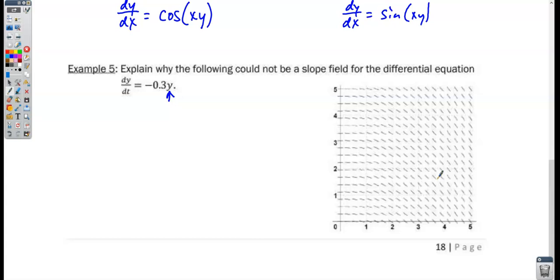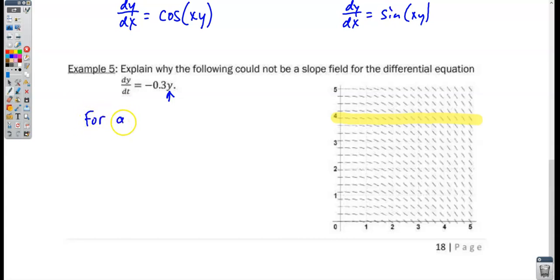The other thing, though, is that since only y is in my differential equation, I should see horizontal slope patterns. For instance, if I pick a value of y, if I look at all those slopes along that horizontal line, they should all be the same since the slope field is dependent on the variable y, and they're not. And so that is how I can tell this is not the slope field.